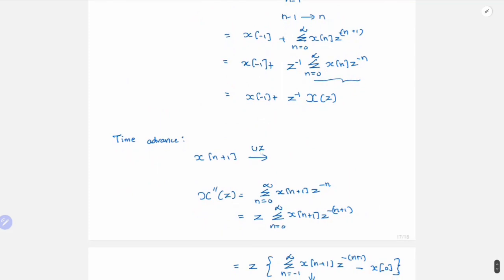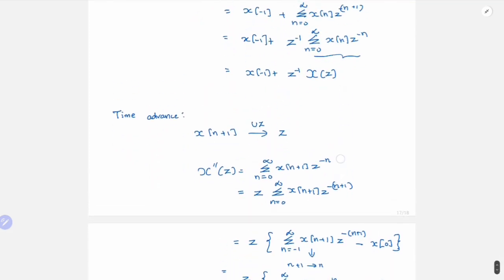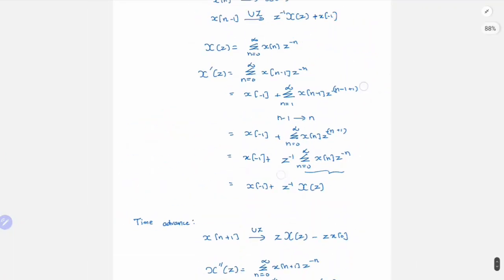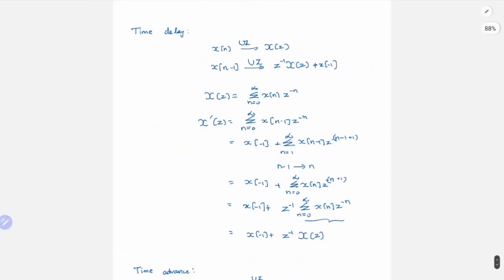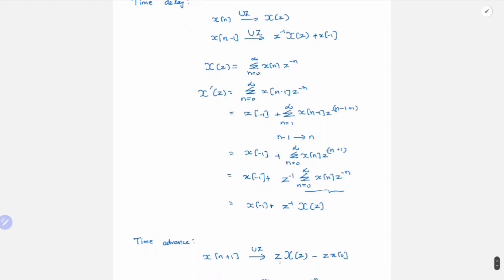So that will be your unilateral z transform: z into x of z minus z into x of 0. So these are the two differences. You can see here there is a z inverse term, here there is a z term. This is expected anyway, but these extra terms also appear, so we have to keep that in mind.